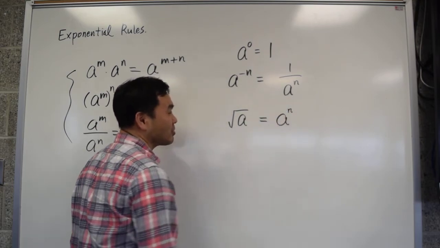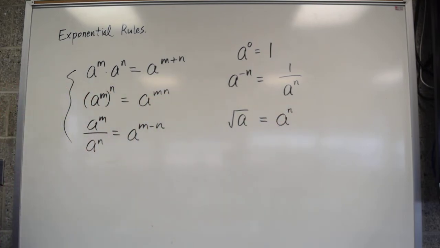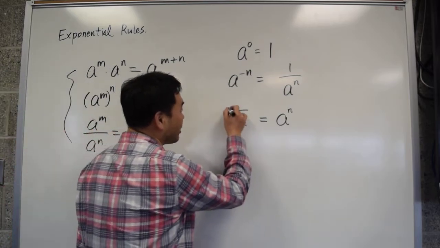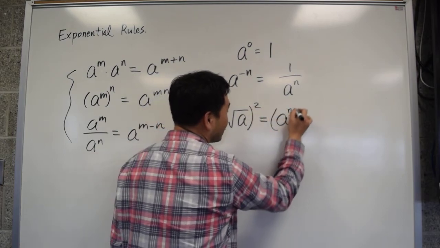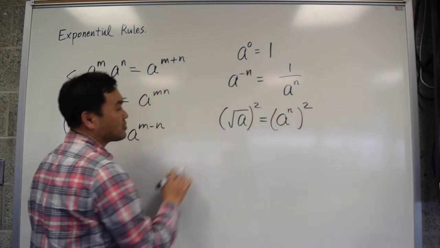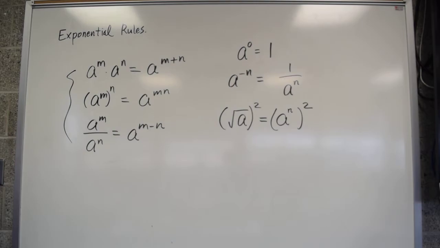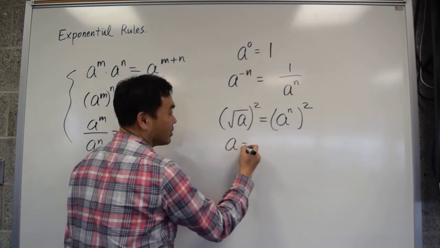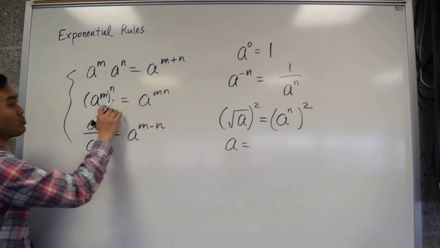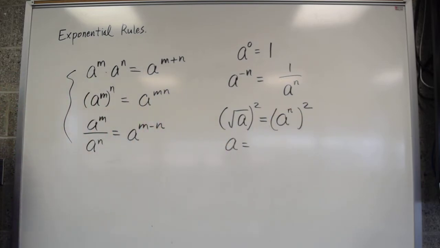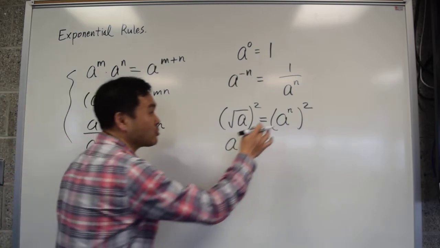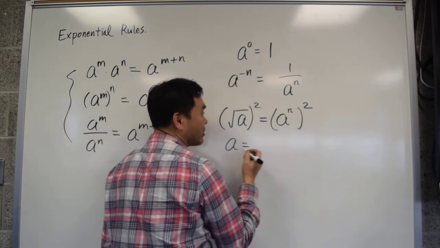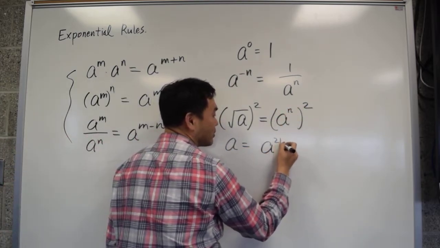It's just some number n that I don't know. Now, if I square both sides, what's the left side? Square root and square cancel, right? So you get a. What's the right side according to this rule? 2n, you have to multiply. If you have two exponents like this, they multiply, right? So it's a to the 2n.